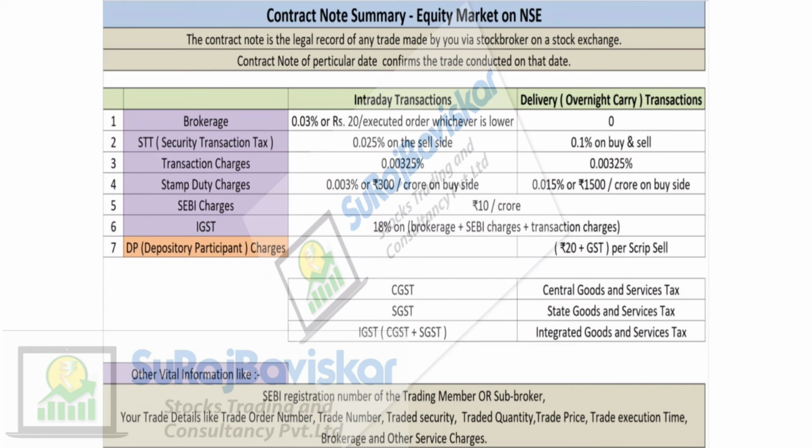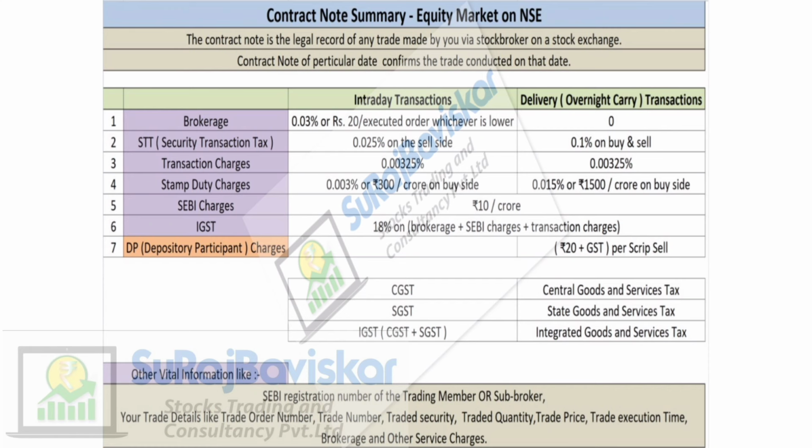Okay, and there is some vital information apart from the charges which is present on your contract note, like the SEBI registration number of your trading member or sub broker. Whatever broker you are working with, for purchasing and selling your stocks, that broker has one number provided by SEBI, and that number will be on the top.